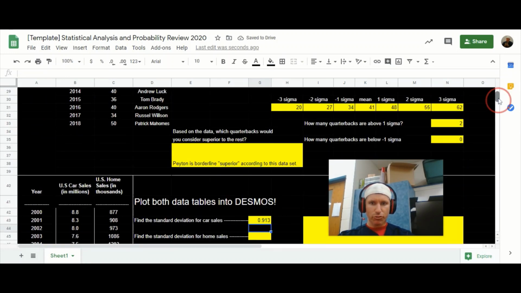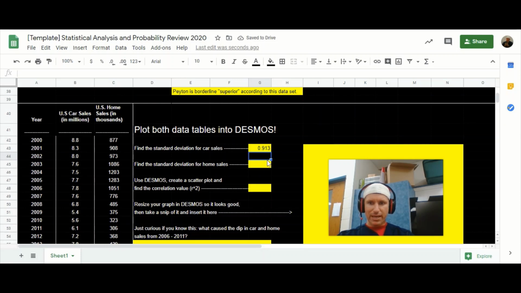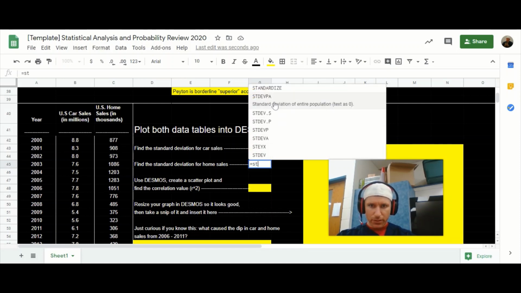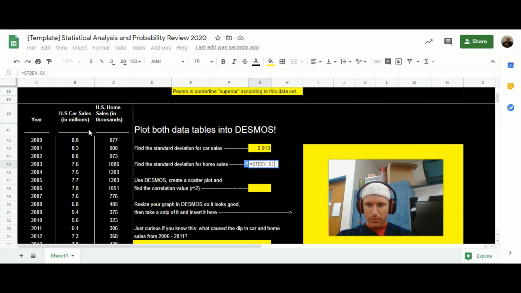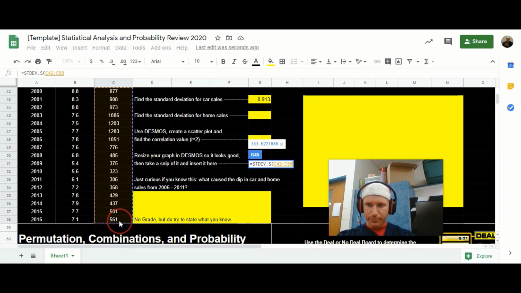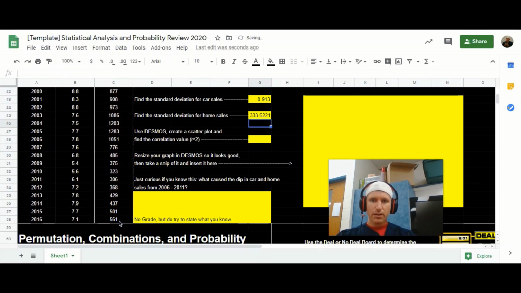Standard deviation 0.91 million. And then standard deviation for home sales equals STDEV with an S. Show me what you got there. 333,000, because remember that's in thousands.